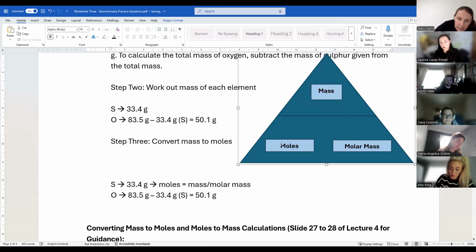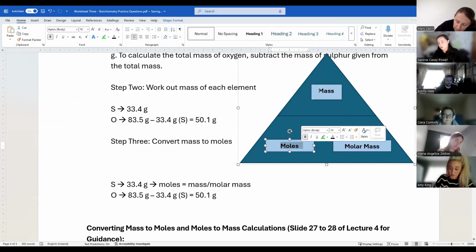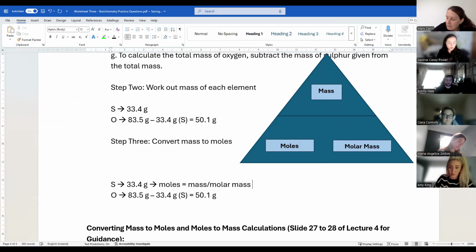If I cover what I'm trying to calculate, I have my mass value, and I'm going to divide it by the molar masses that are in the periodic table. So my molar mass of sulfur, on my periodic table, this will be 33.4 grams from the question divided by 32 grams per mole.